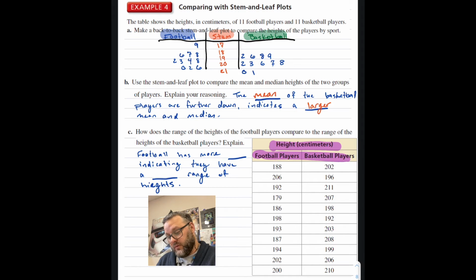I forgot what word I used there. But in reality, basically, football has, that's it, has more range. And that's indicating that they have a wider range. So that first word was not range. I have to think here. Football has more... I know what I want to say. I'm seeing it.